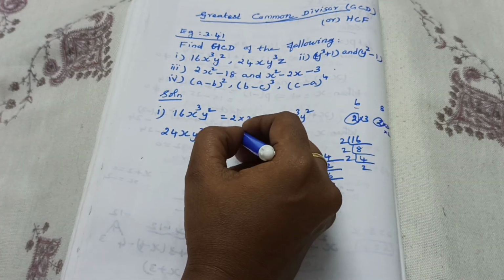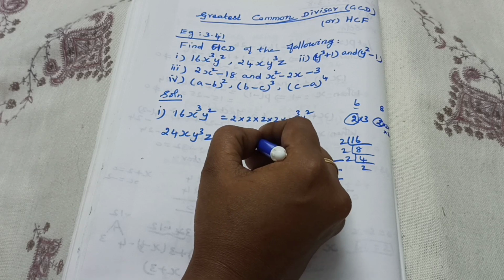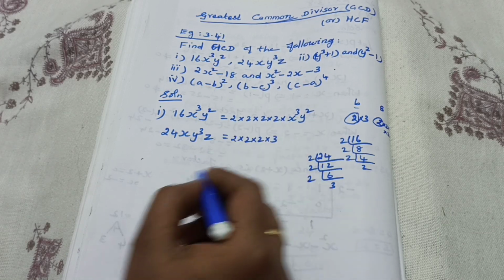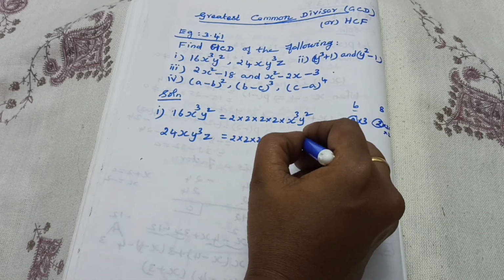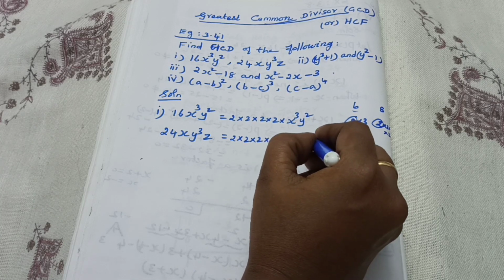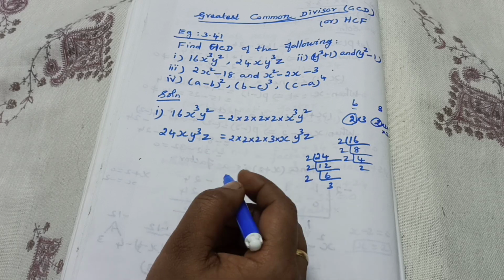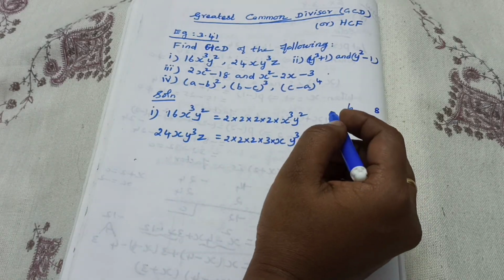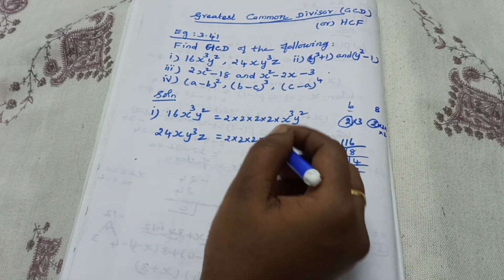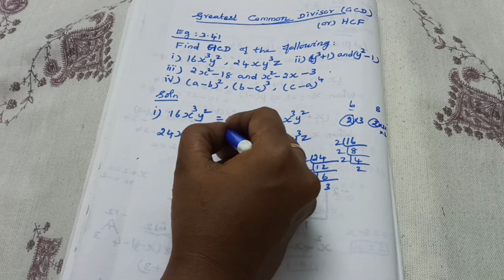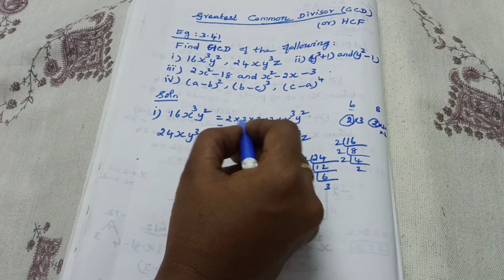Those factors you write here: 2 into 2 into 2 into 3, then x, y cube and z. And equal to this, the common factors we have to write, which is the common divisor. Before we can write here, how many 4's are here?